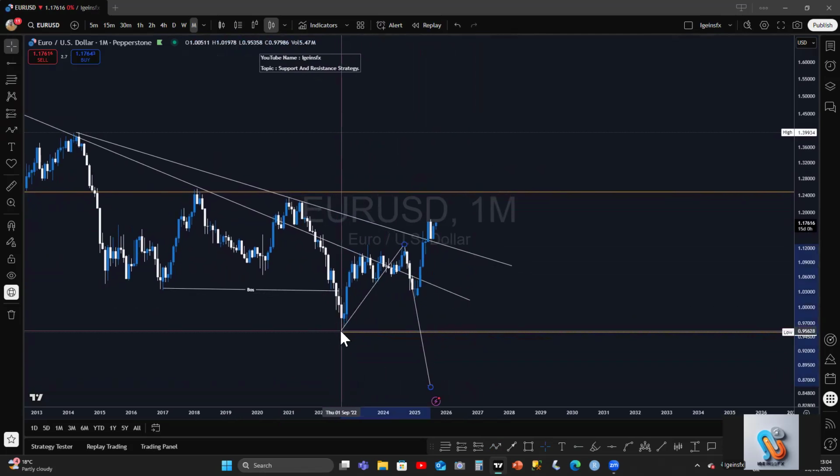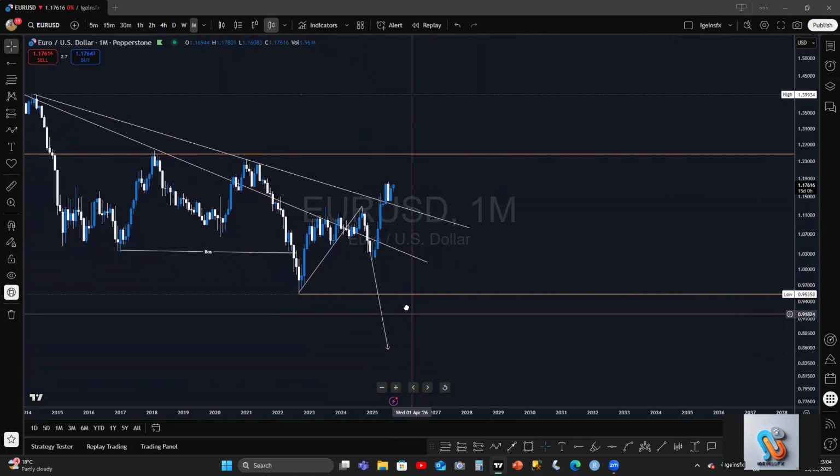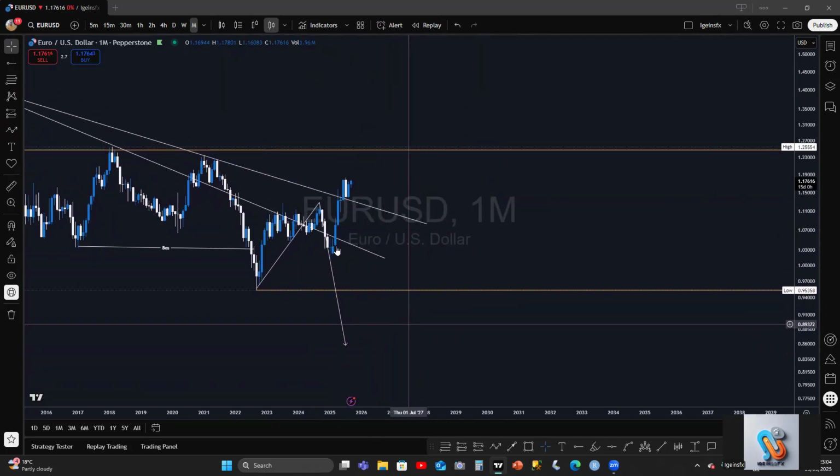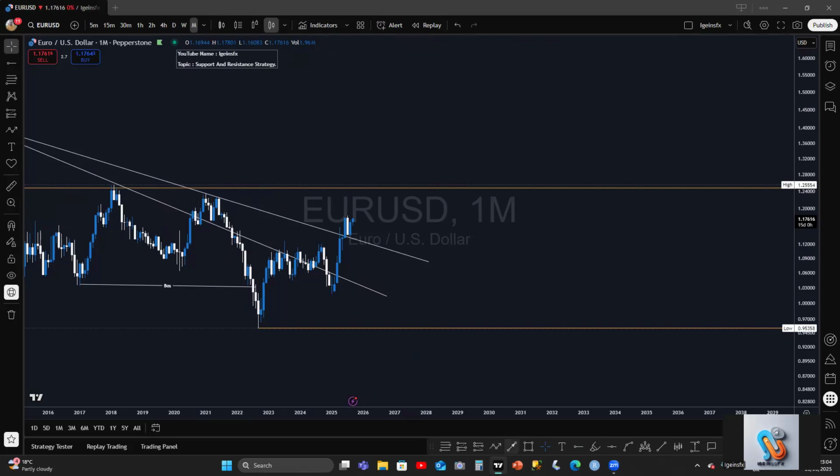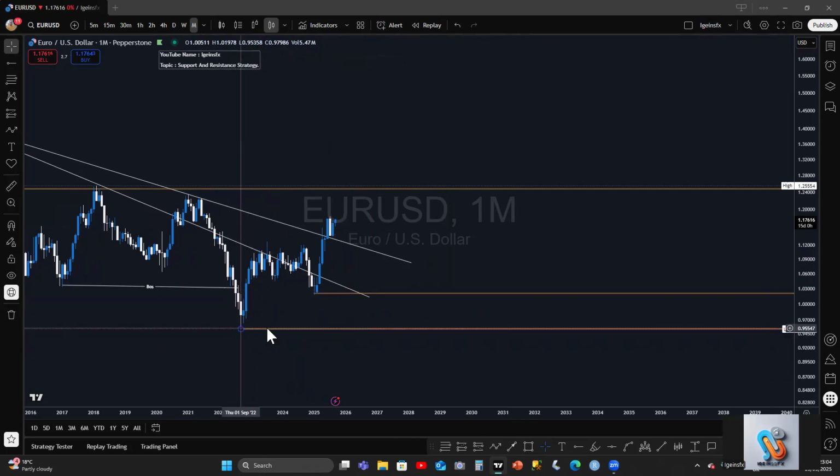As a result, it pushed to the downside and gave us a lower high. Now this is the lower low, and this is a lower high.